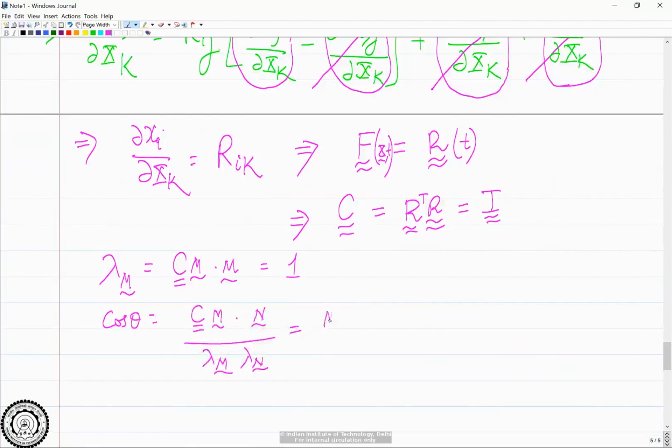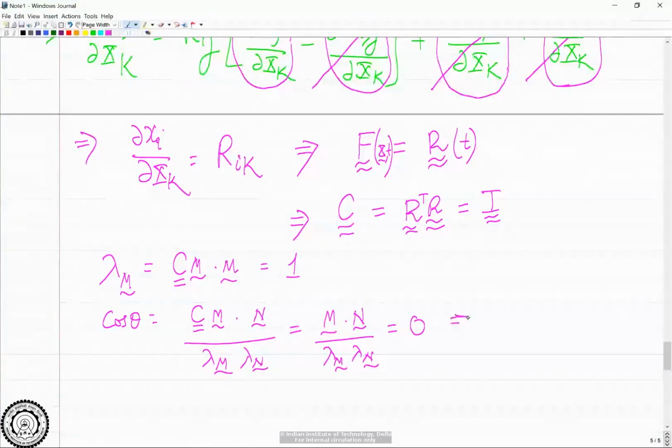But because M and N are perpendicular, this becomes 0. So that means theta is equal to 90 degrees. So if they are perpendicular initially, they remain perpendicular. Shouldn't that be the case for rigid motion? If it's a rigid motion, then the line elements cannot undergo change in their length, nor can the angle between them change.